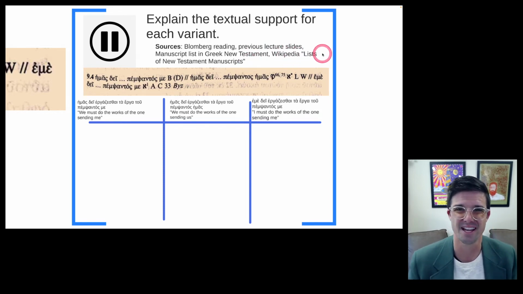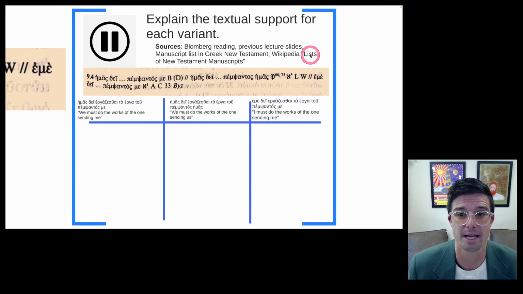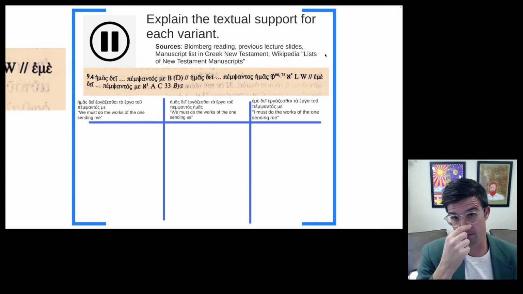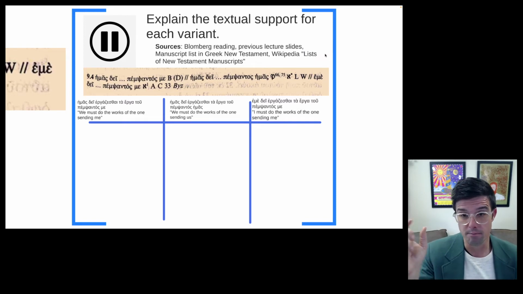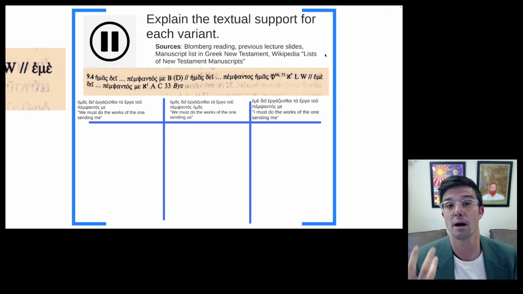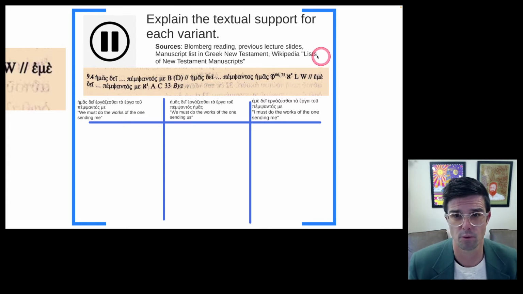It's not very often I will suggest that you engage Wikipedia as an academic endeavor, but this is a really handy resource that gives you lists of manuscripts of the uncials, of the minuscules, and of different papyri. It not only tells you the name and the date, but when you click on them, it will also give you more information about that particular manuscript. So a really handy, easy to maneuver, and easily accessible material.